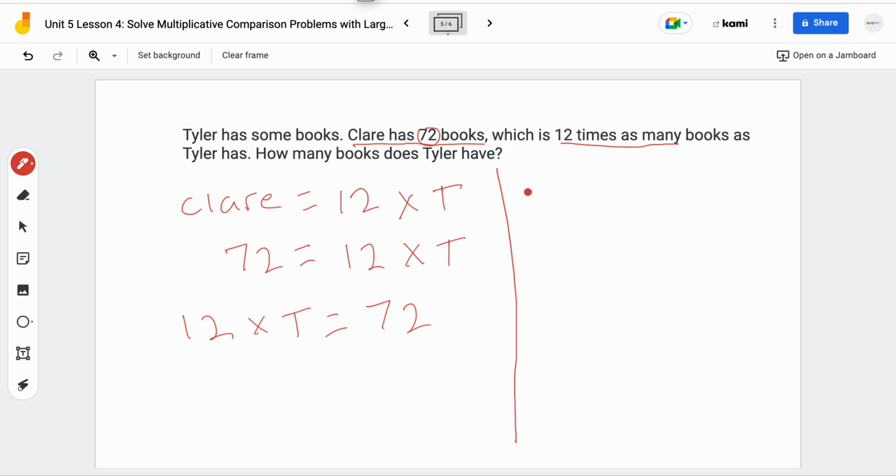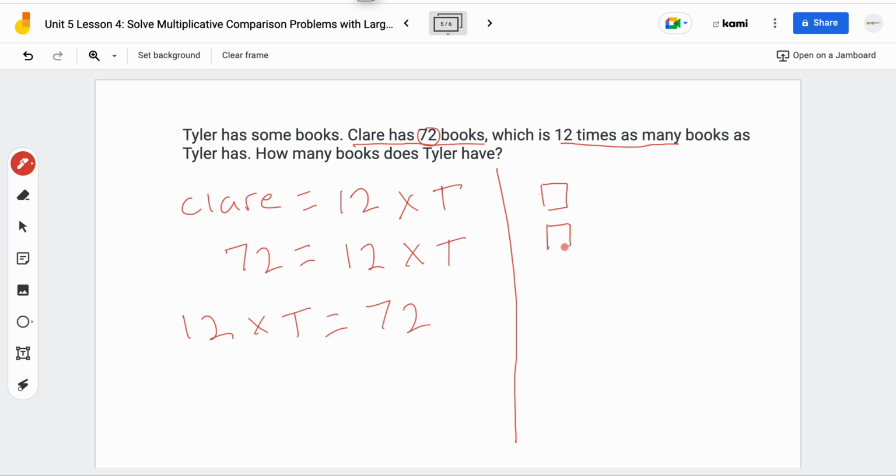Okay, so we know that Tyler has some books. So we don't know how many books she has, but let's put it right here. She has this amount of books, and we know that Claire has 72 books, and that is 12 times as many. So she has 12 times as many as this one.